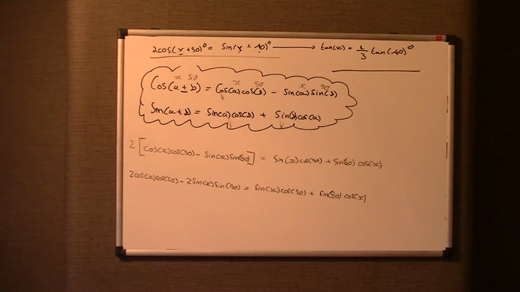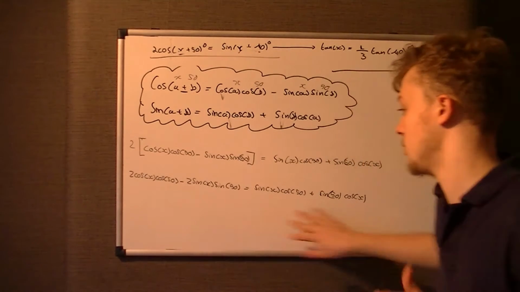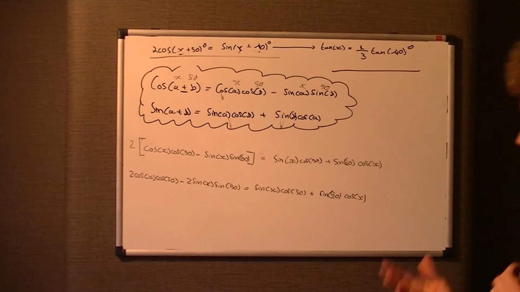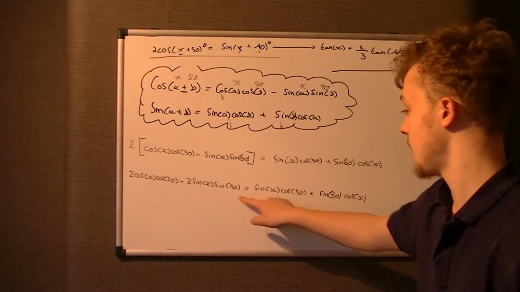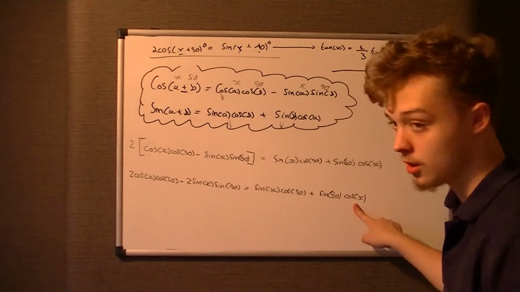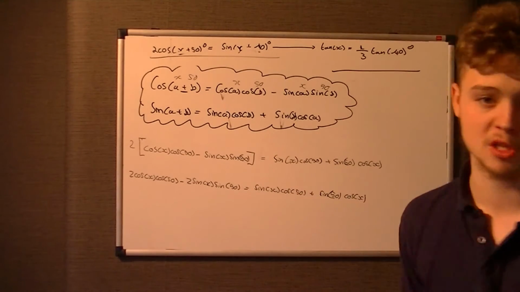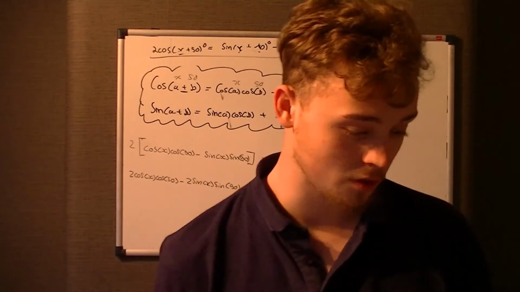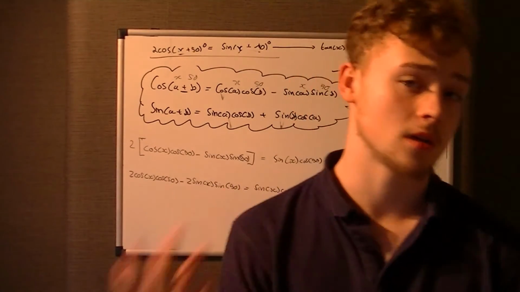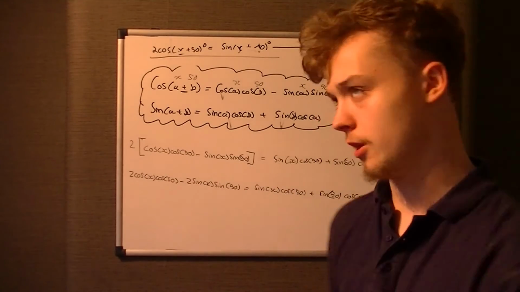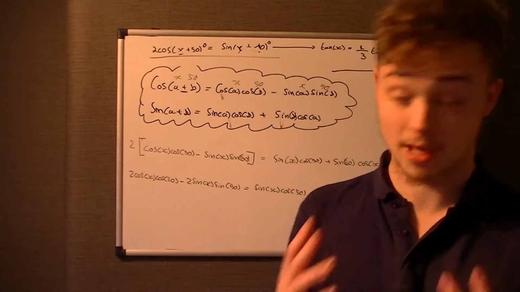Now you quite clearly can't just get all the sines on this side and all the cos's on this side, because what we've got here is a cos x and cos, a sine and a sine and a cos, and it's going to be quite hard to split them up. Sure, you could do it, probably through dividing both sides by cos 50 and then sine 40 or whatever you'd have to do. But in essence, you'd get very mixed up.